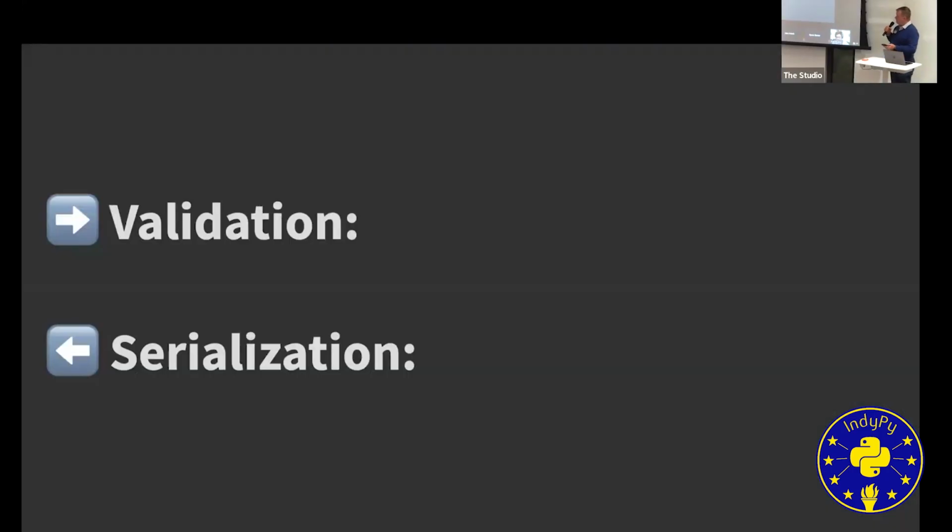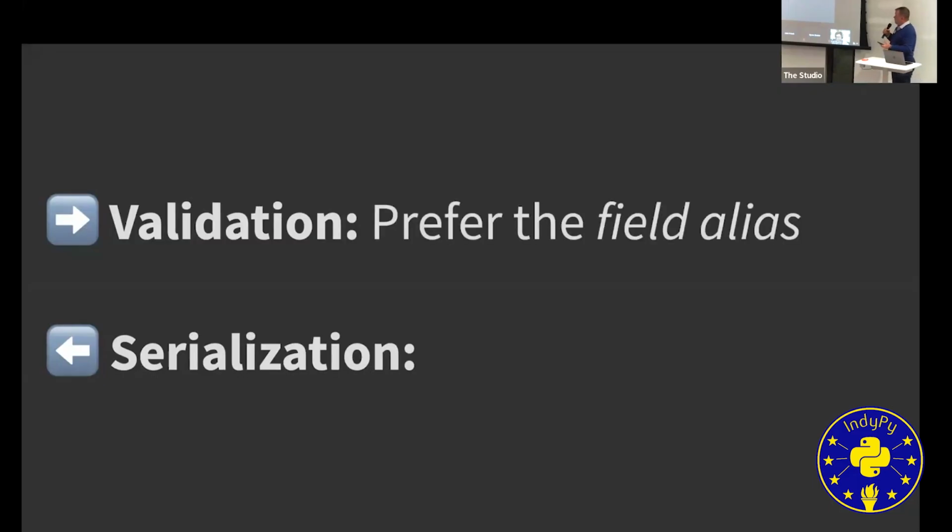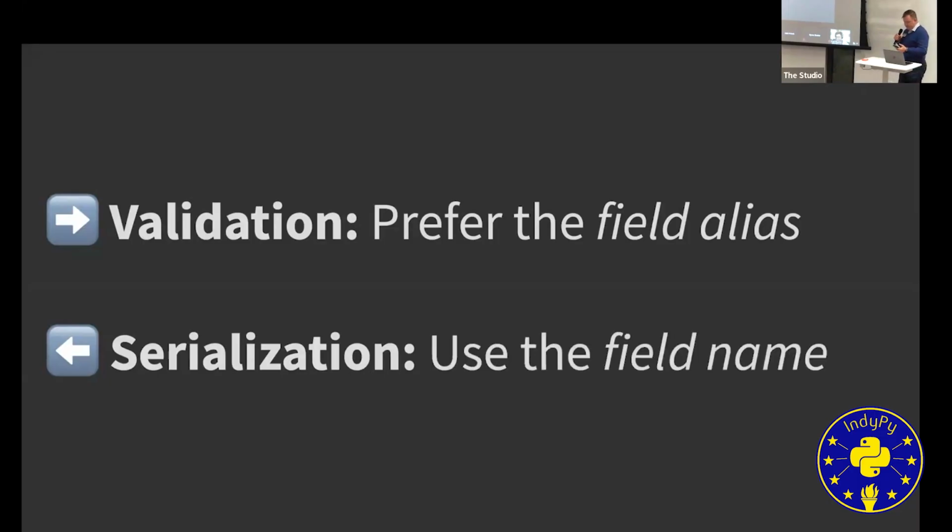So Pydantic's default behavior with regards to aliases is inconsistent across validation, which is when you're reading data in, and serialization, which is when you're dumping the data back out again. When we're doing validation, Pydantic prefers the field alias. But when you're doing serialization or writing out, it wants to use the field name.